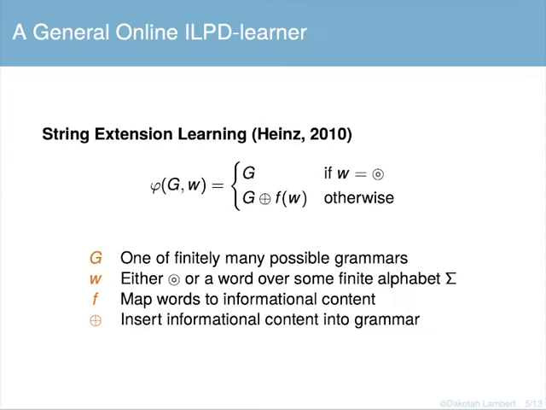Here I just use the circled circ to represent no data appearing at that point in time. So if you get the no data word, then you just return the original grammar as is. You have no reason to change it. Otherwise, you need to extract the informational content from the word, that's the function f here, and insert that content into the grammar to return that, and that is the O+ operator.